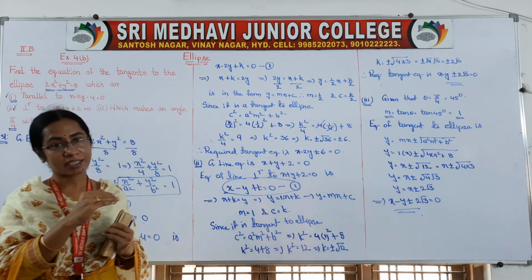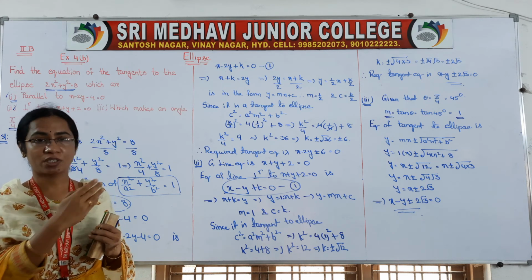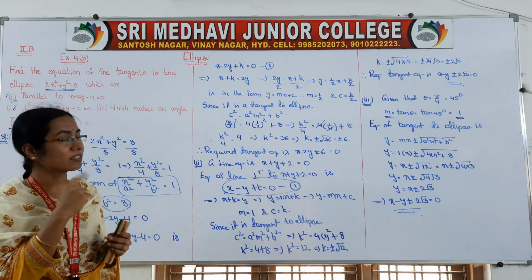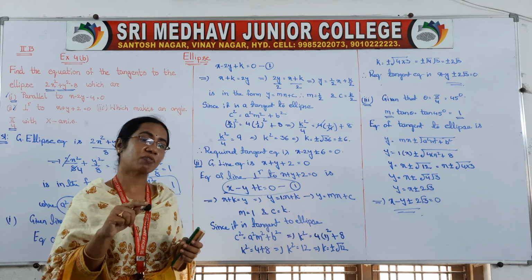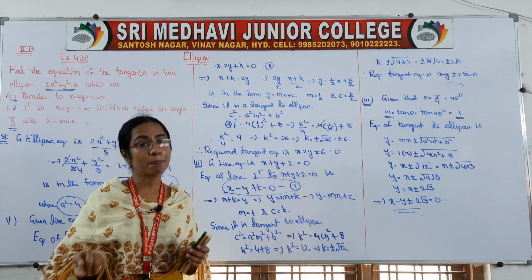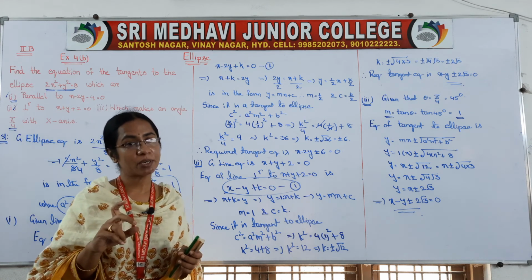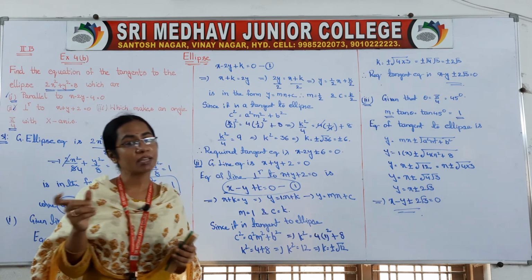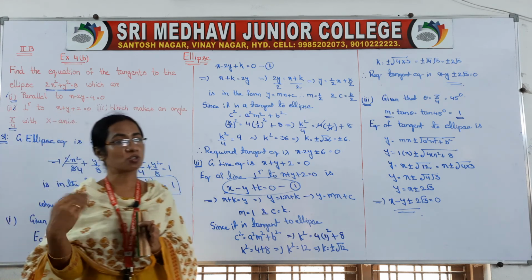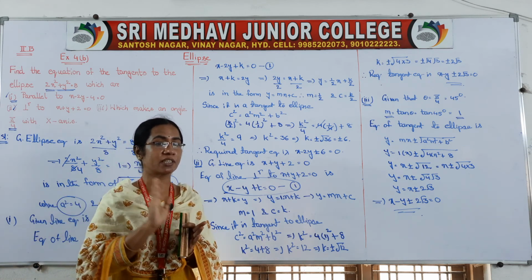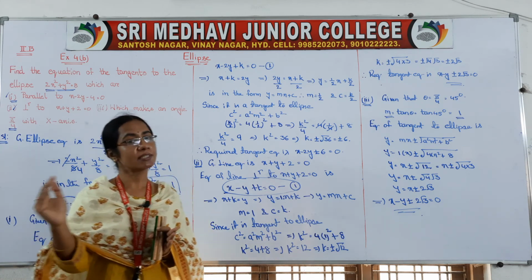By using that concept, we solved that one. Next, the second one: we have to find the equation of the tangent which is perpendicular to the given line. Whenever 2 lines are perpendicular, what is its line form? The x coefficient goes to y, the y coefficient comes to x, with a minus sign in the middle, plus some constant.